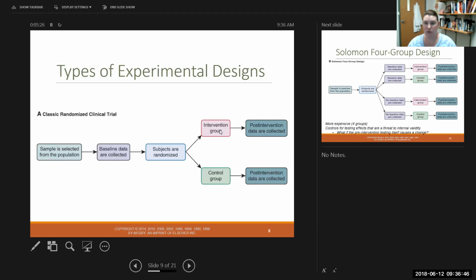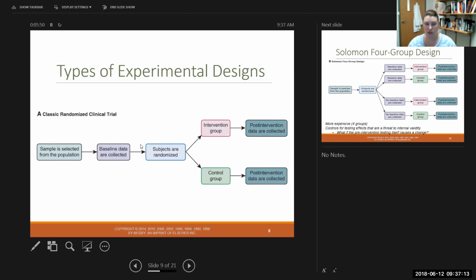Perhaps the intervention group is going to get a brand new state-of-the-art drug therapy, and then we are going to do post-intervention data collection to see did that really minimize the side effects, did that help fight the cancer, that sort of thing, versus our control group. So, classic randomized clinical trial. Of importance to note, baseline data is collected and then post-intervention data is collected.